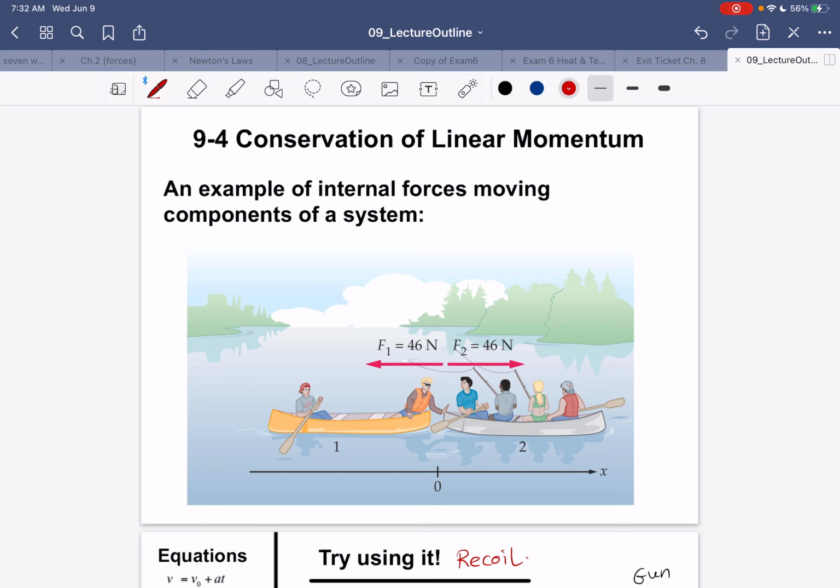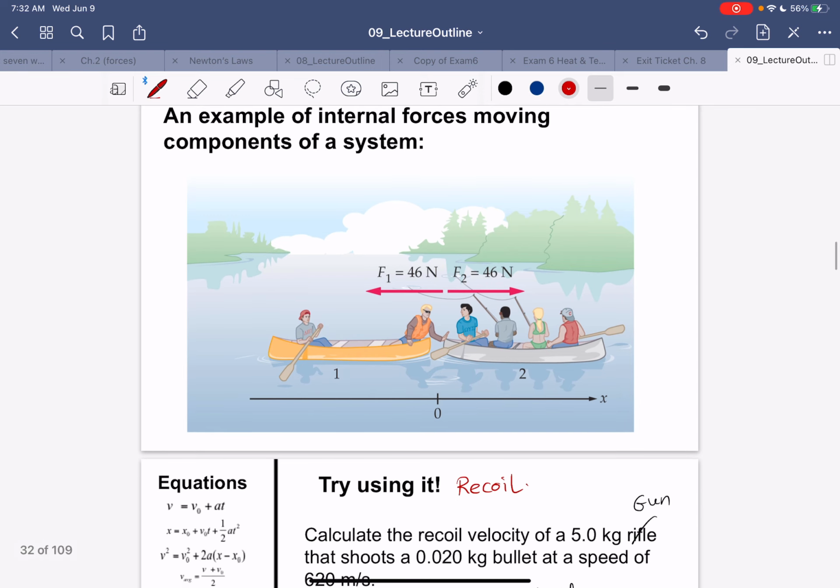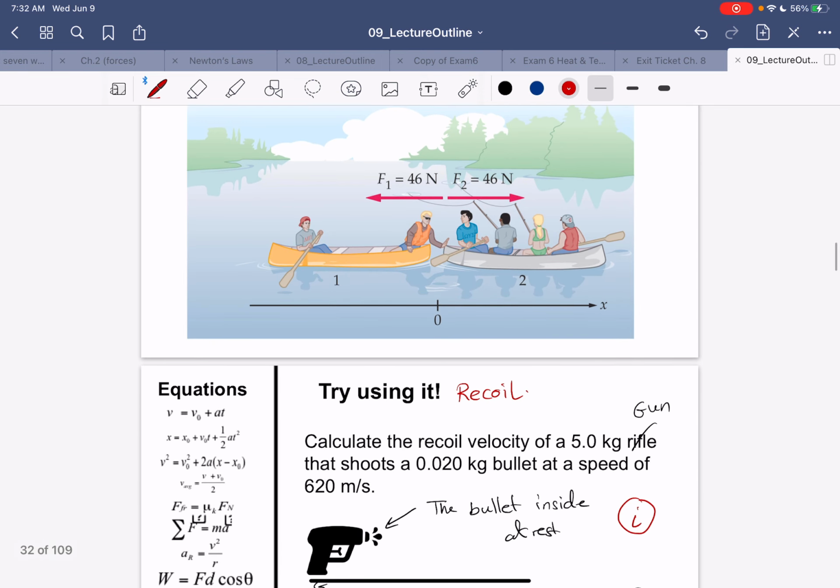Like I have two boats that are going to hit each other. The force of 1 on 2 is going to be 46, and the force of 2 on 1 is also going to be 46. But these two forces are in opposite directions, and this is the reason they are going to add up to 0.